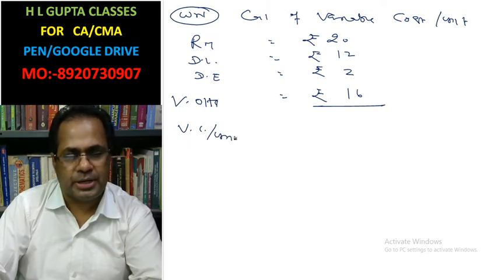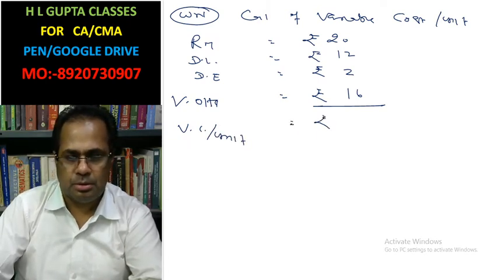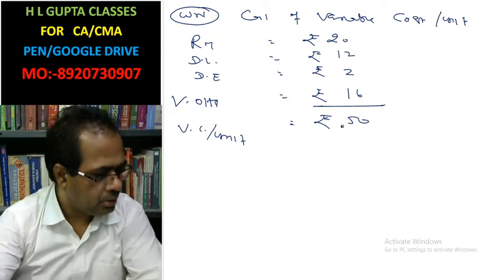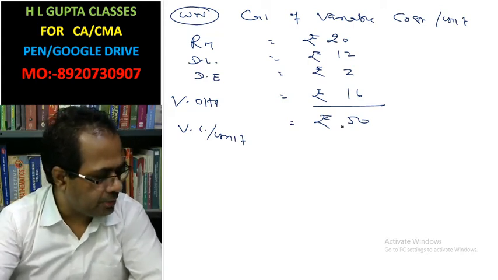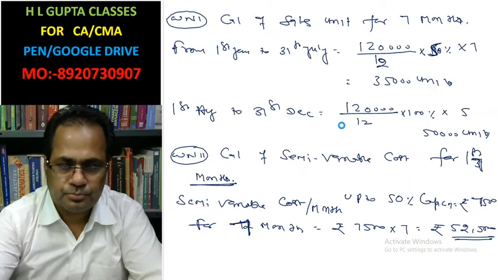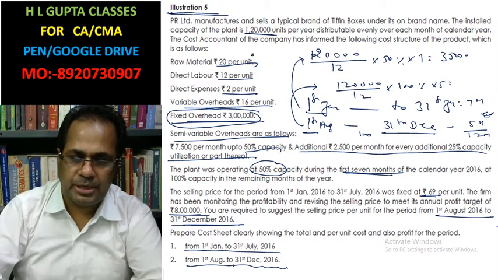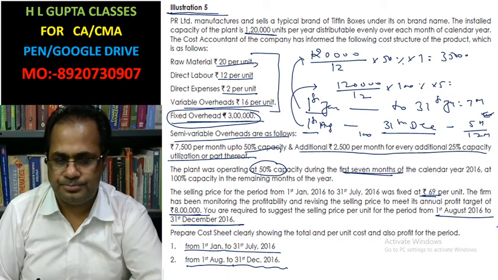Variable cost per unit is rupees 50. This information is given here; the variable cost per unit is already given.